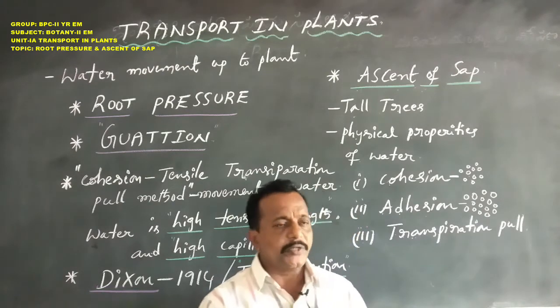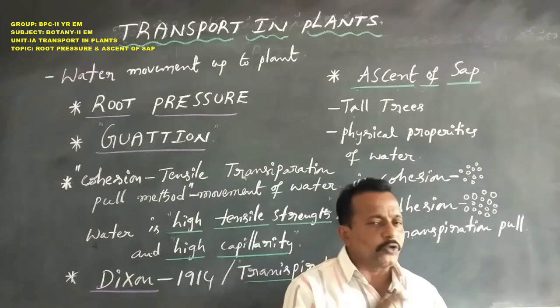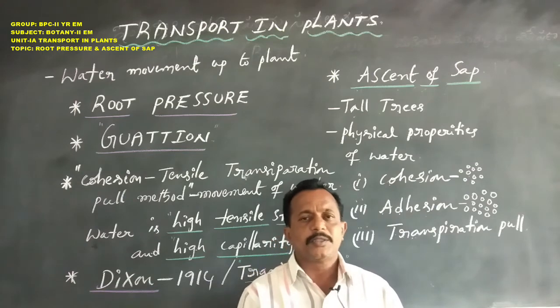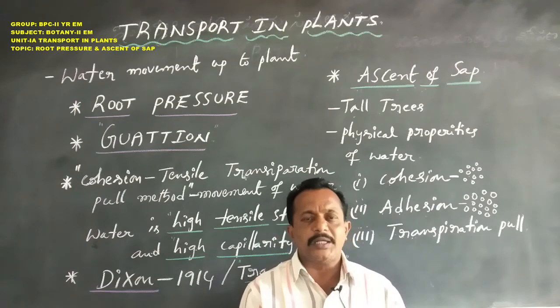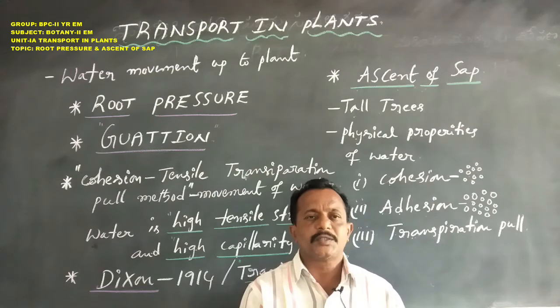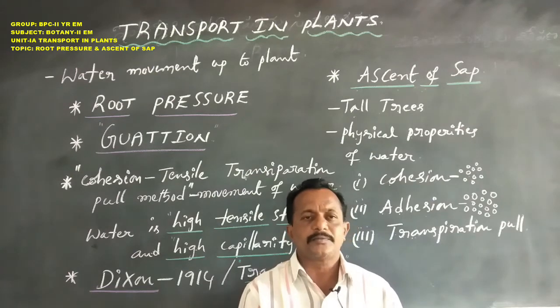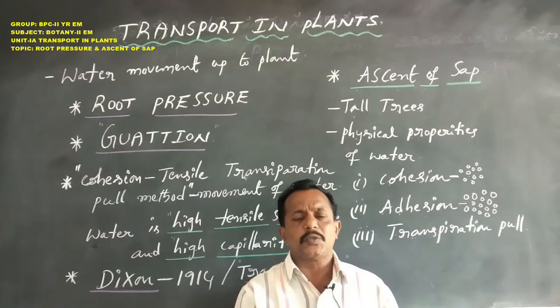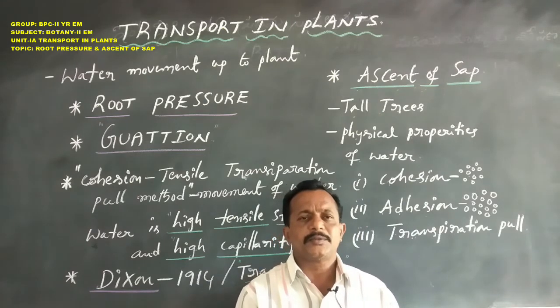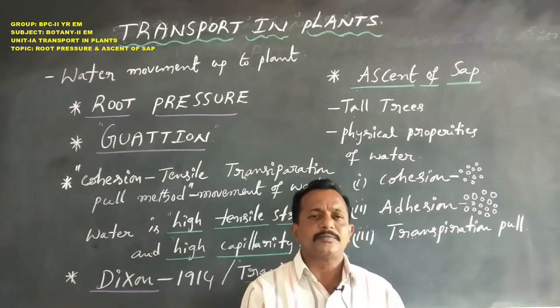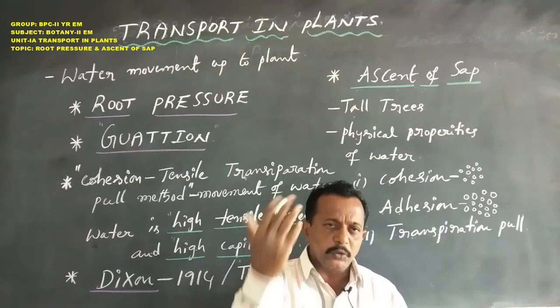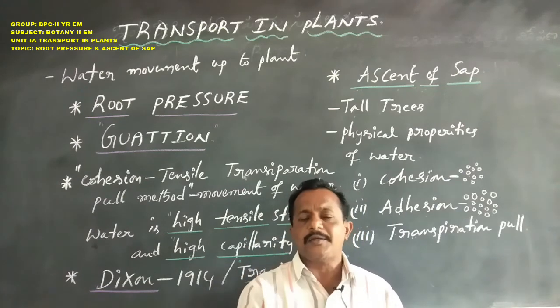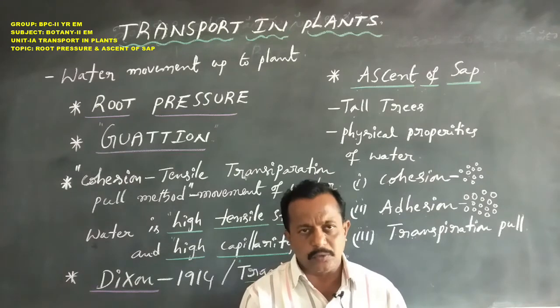Now dear students, photosynthesis requires water to form food materials, and there is some loss of water through the stomata. So transpiration pull is always due to the evaporation of water through the stomata.